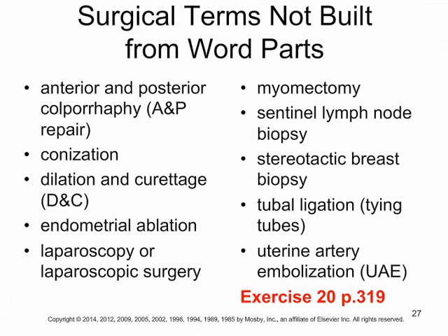Conization is a surgical procedure to remove a part of the cervix, and they do this in order to treat cervical cancer. You can also call this a cone biopsy. Dilation and curettage is the next word, also abbreviated D&C.